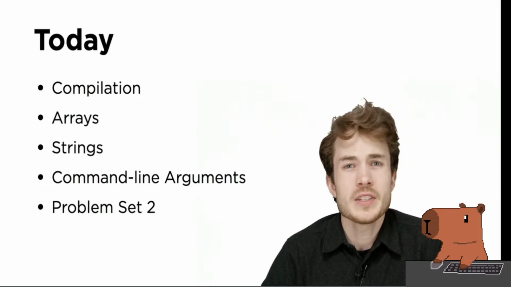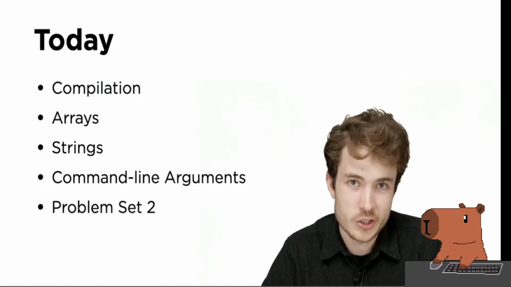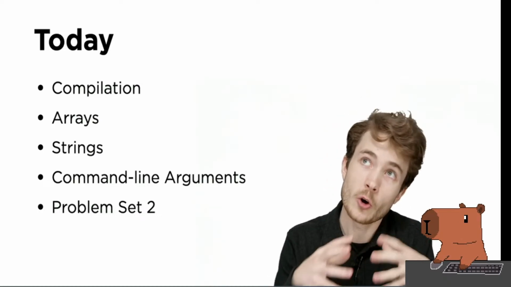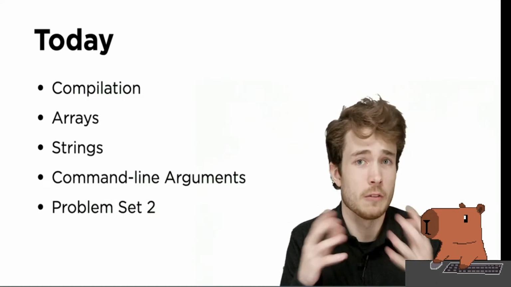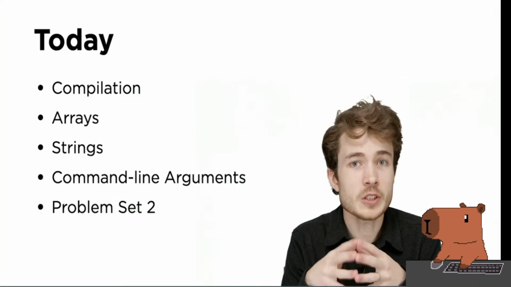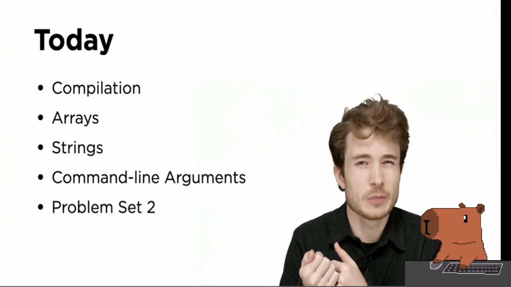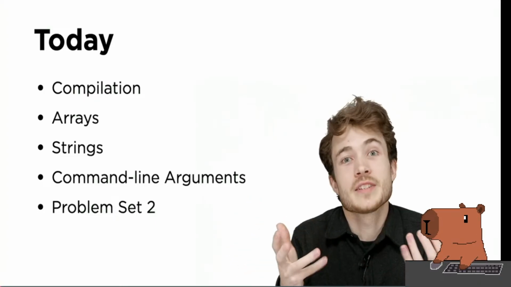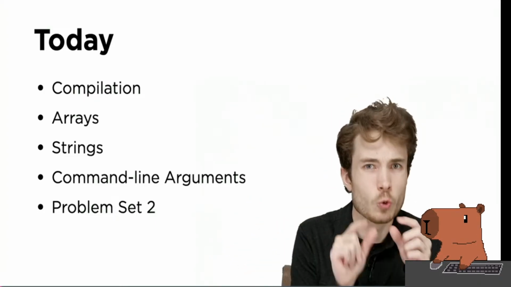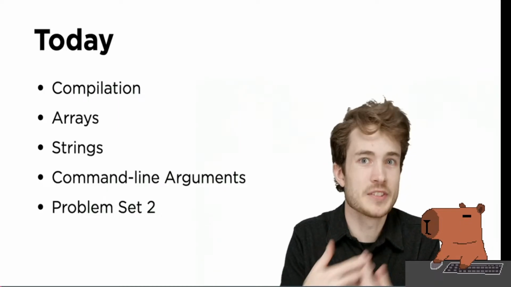A brief overview of today will look a bit like this. We'll begin focusing on this idea of compilation, like how do we take the code that we write in C, that source code we write in a file, and convert that to the zeros and ones that a computer actually understands and can run. We'll then focus on arrays. How do we store data more efficiently than we've seen before?